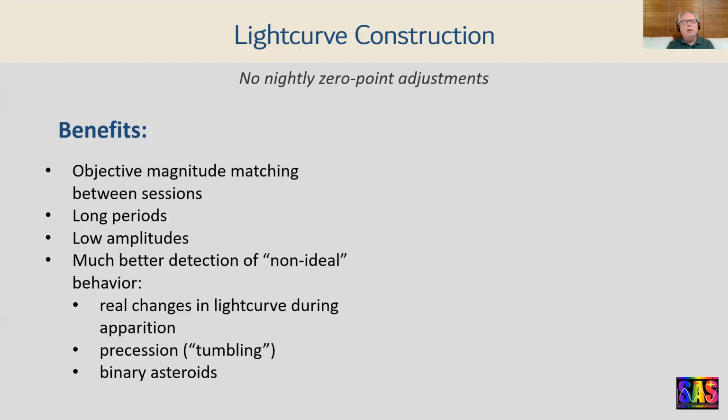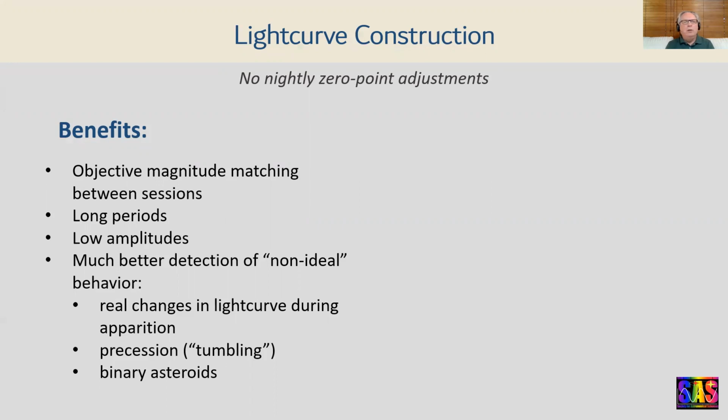And it's particularly useful when the asteroid in question has a long period where the session data do simply not overlap in phase, and you're at the mercy of the absolute magnitudes, not just relative magnitudes matching.